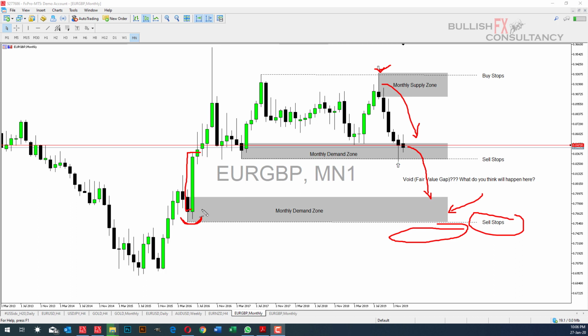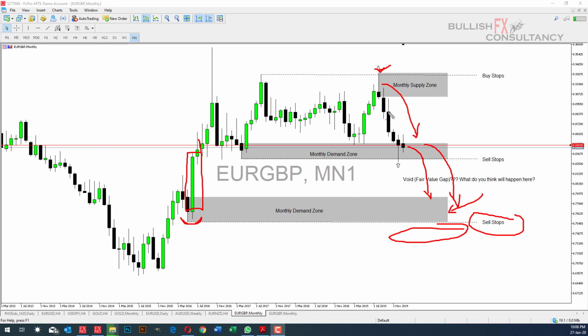You see this bullish candle here, this void. If you remember correctly, the USD JPY trade that I gave you guys, not really gave you, the one I said let's look at USD JPY in our last meeting before Christmas.